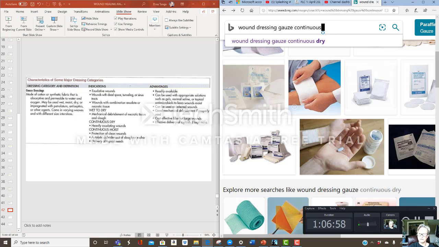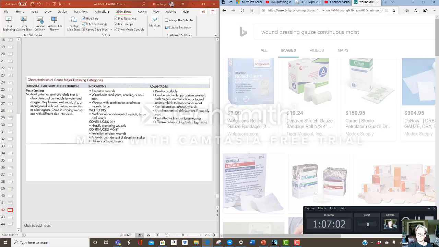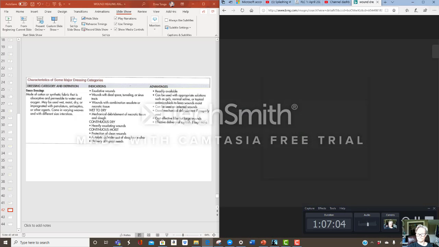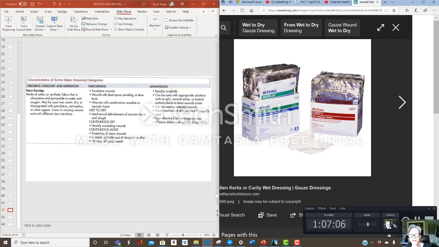Okay, continuous moist. Let's see what it pulls up here. Saline dressings. Wet dressings. Protection of clean wounds, autolytic debridement of slough and eschar, and delivery of topicals.